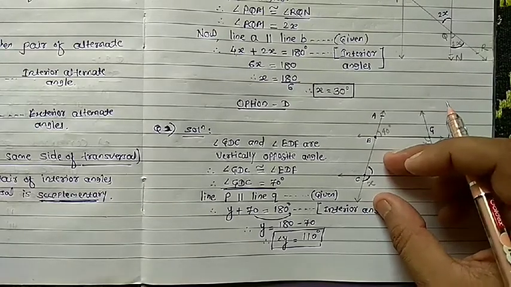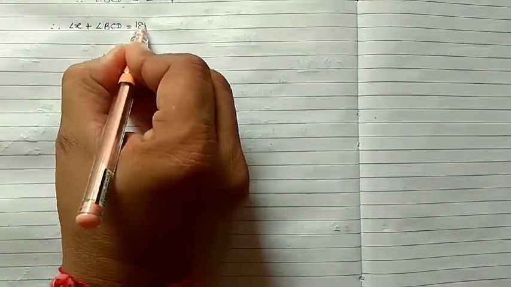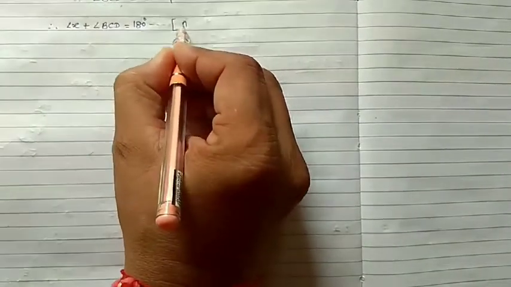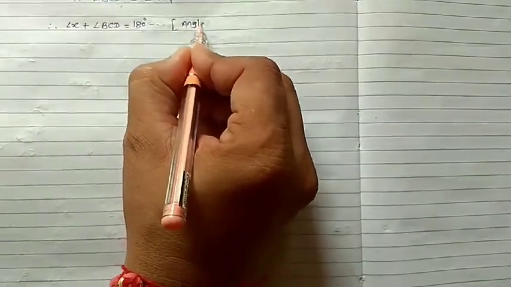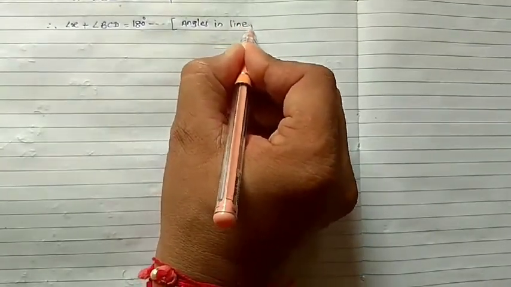So let us see how to write this. So therefore angle X plus angle BCD is equals to 180 degree. The reason for this, angles in linear pair.